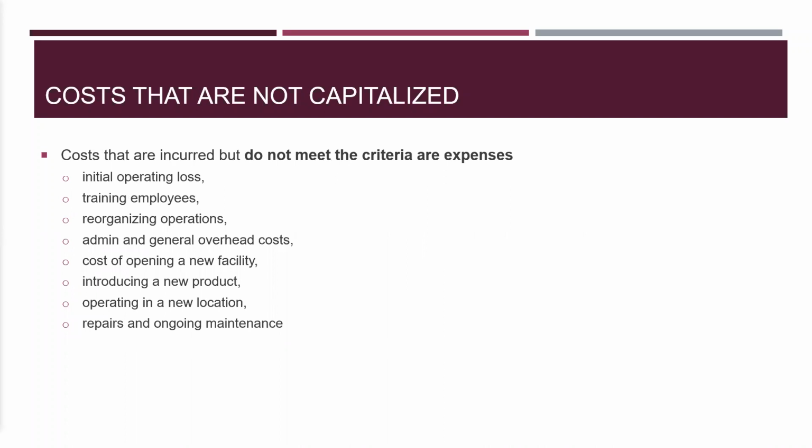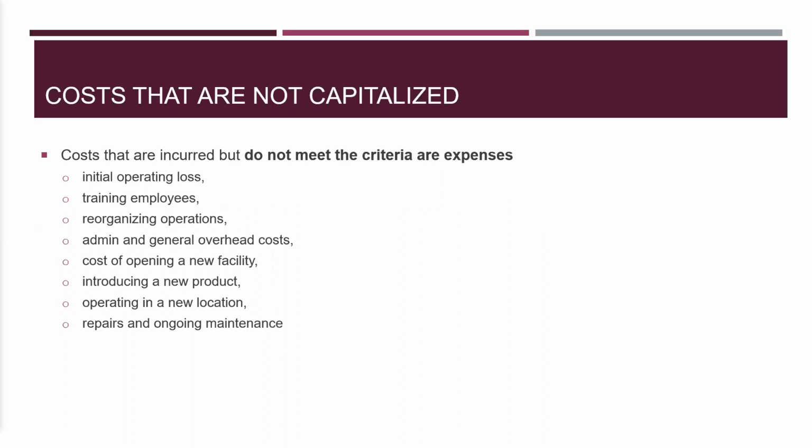Costs that are not capitalized. When we say the capitalized cost for property, plant, and equipment, we said any cost that the business incurs in order to bring your asset to a usable condition can be capitalized. But at the same time, there are certain costs that do not meet this criteria and hence should be expensed.